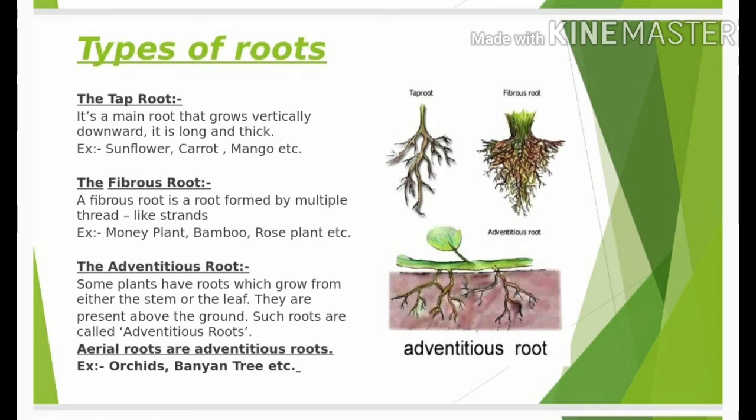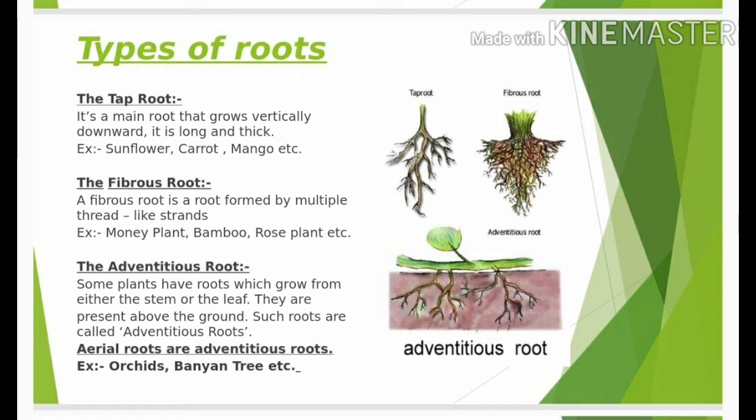Types of roots. Children, there are 3 kinds of root: taproot, fibrous root and adventitious root. The taproot is a main root that grows vertically downward. It is long and thick.